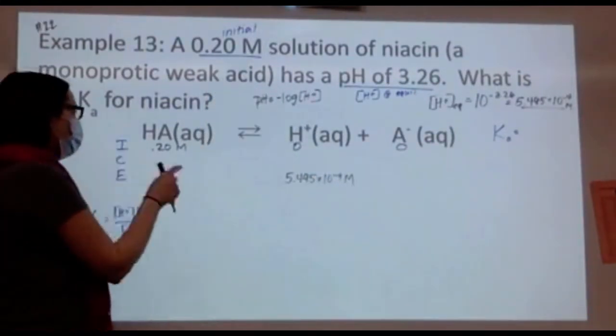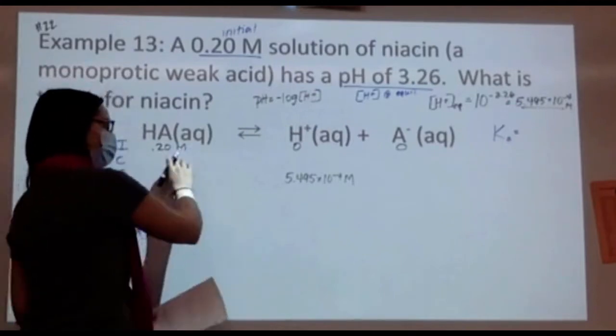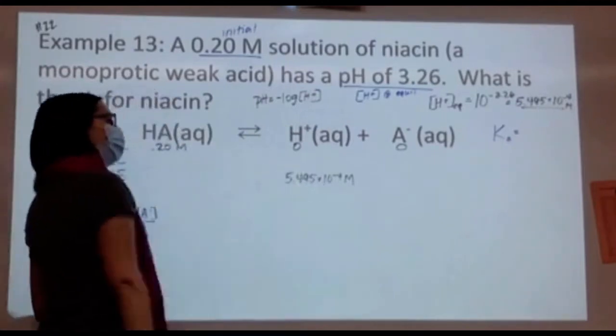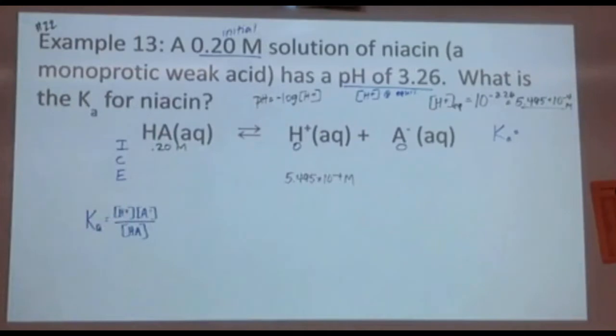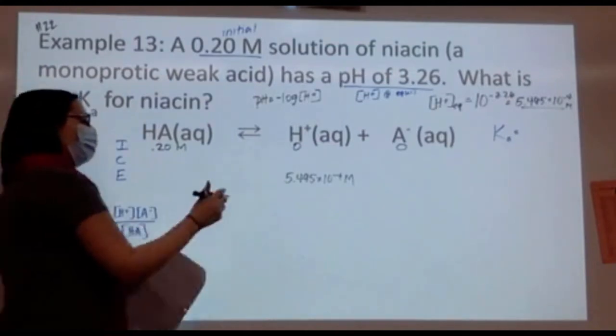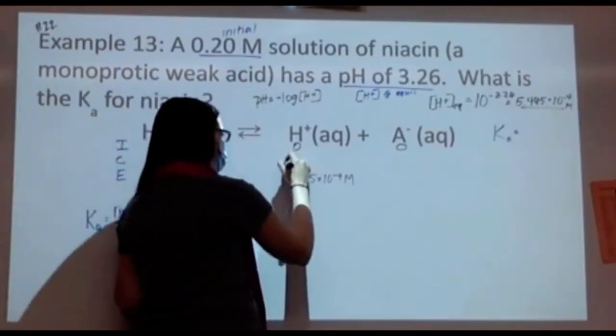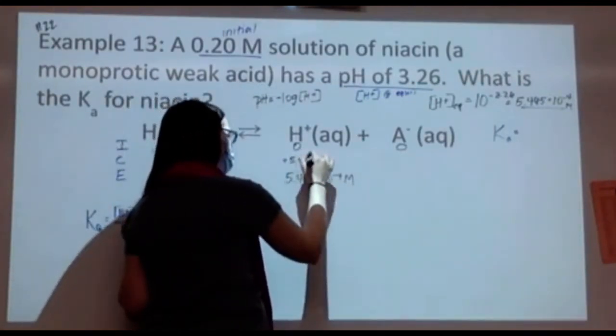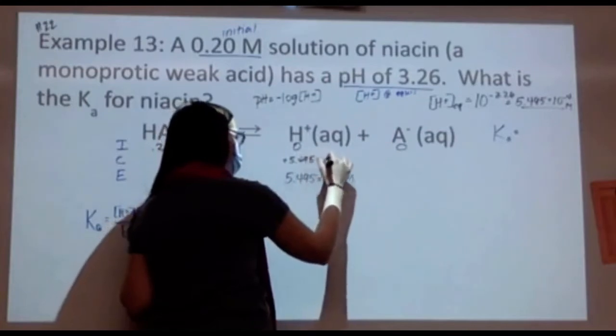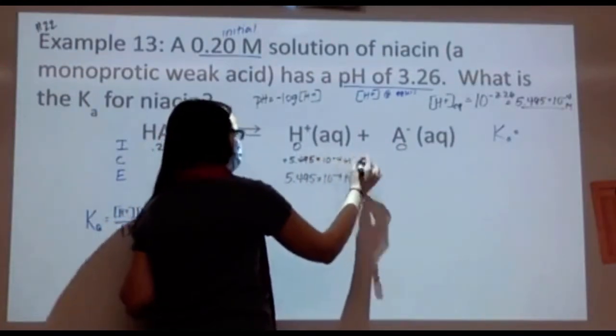So right now in our ice table, we have the initial concentration of the acid and the equilibrium concentration of H plus. If you have the initial and the equilibrium of one of the substances, you can figure out the change row. To get from 0 to its equilibrium concentration, H plus added 5.495 times 10 to the negative fourth molar.